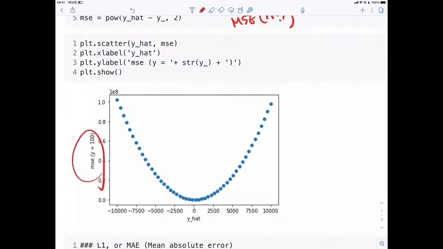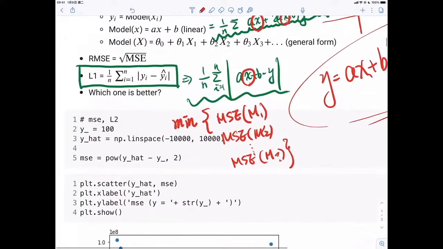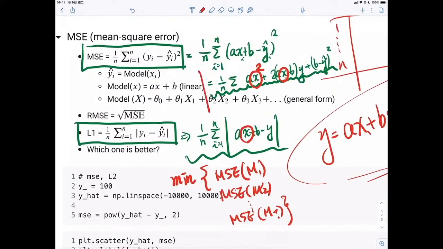MSE. If we try to differentiate, 就是微分的时候, we can see that the formula of this value has a power 2 right here.